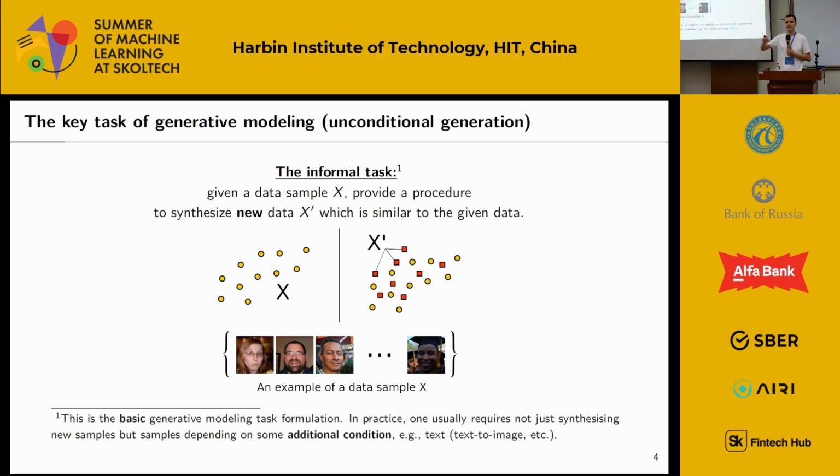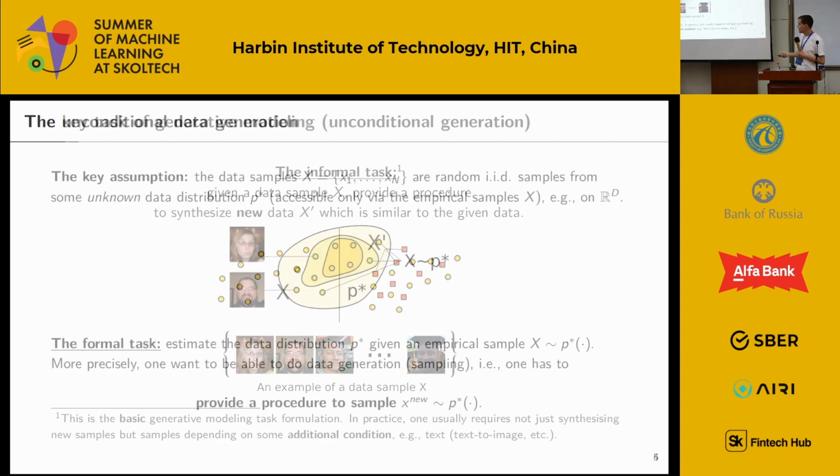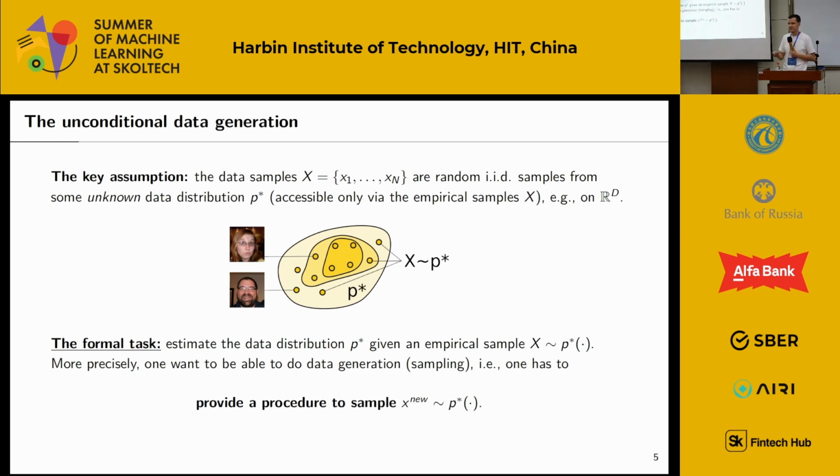So basically you have some data points, for example, samples of some images, and you would like to provide a procedure which is capable of producing new samples which are similar to the samples which you have in the training data set, but at the same time they are new samples.